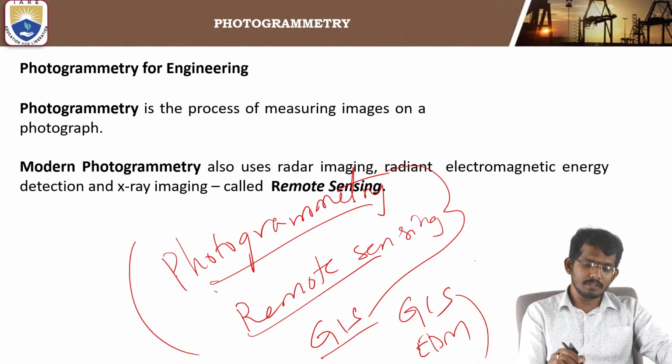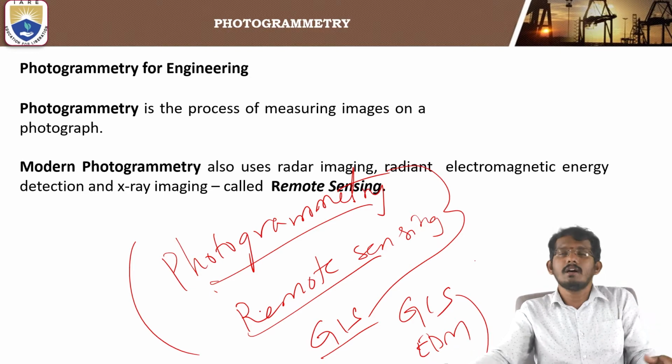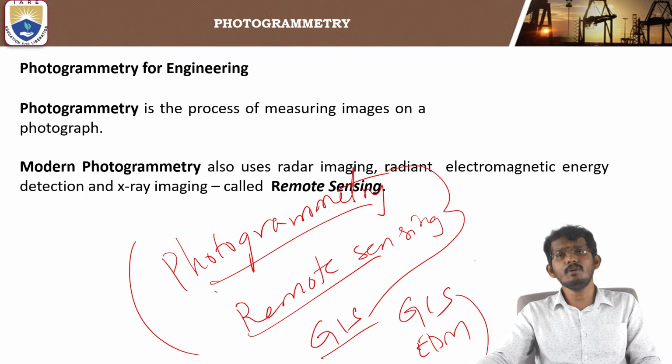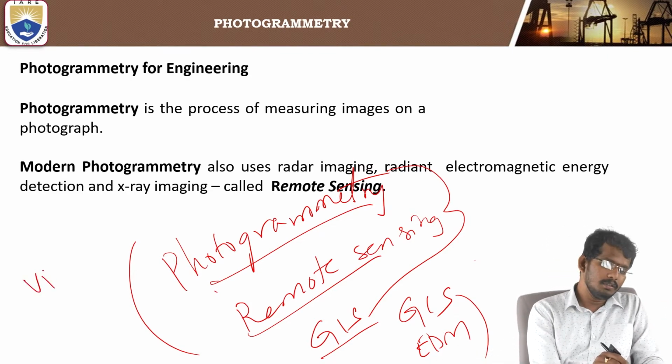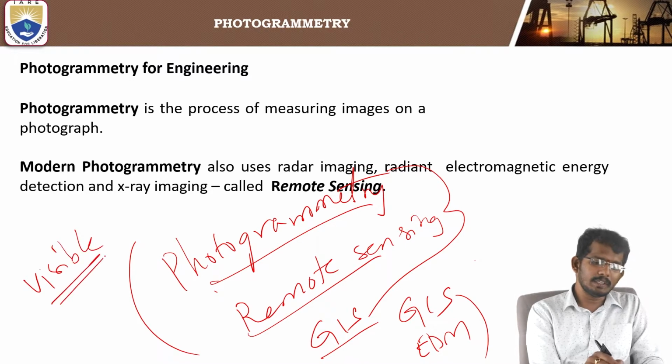So remote sensing, photogrammetry and GIS are always combined together. In remote sensing we can sense the data. In remote sensing and photogrammetry, we can capture the photograph in the visible spectrum only.